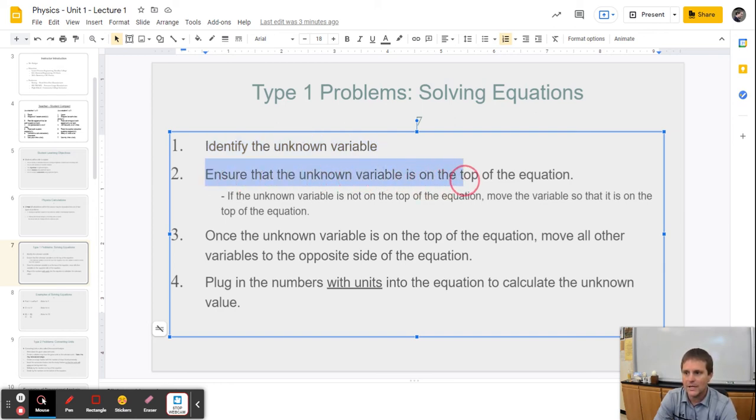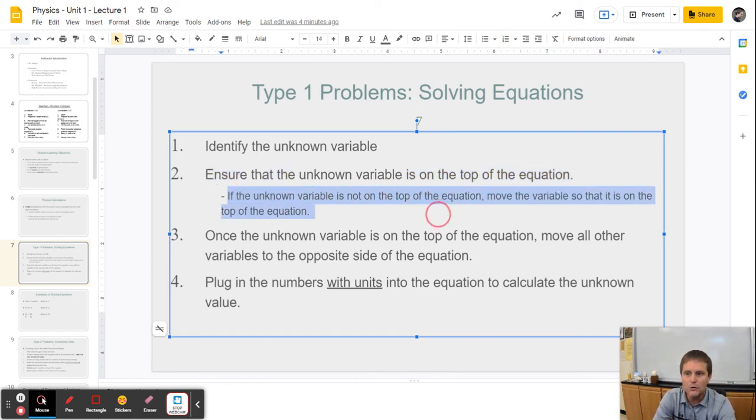Second, we need to ensure that the unknown variable that we're looking for is on top of the equation, and we're going to describe what it means to be on top of the equation. If the unknown variable is not on top of the equation, then we need to move the variable. We need to rearrange the equation so that the unknown variable is on top of the equation.